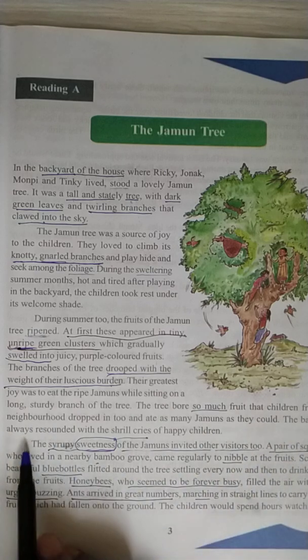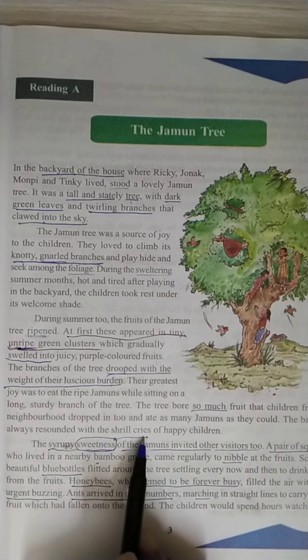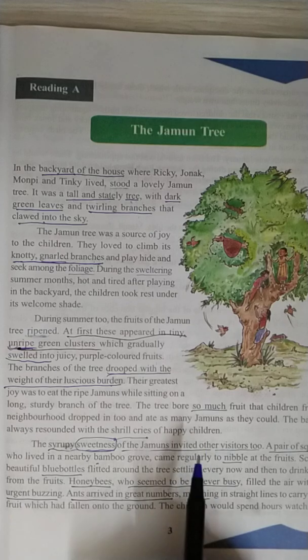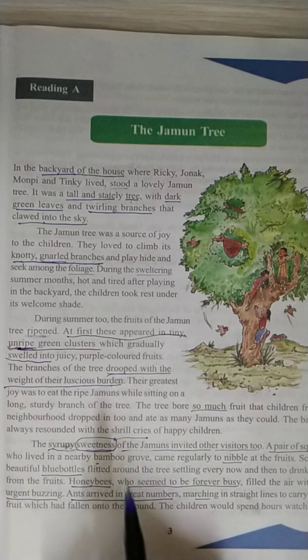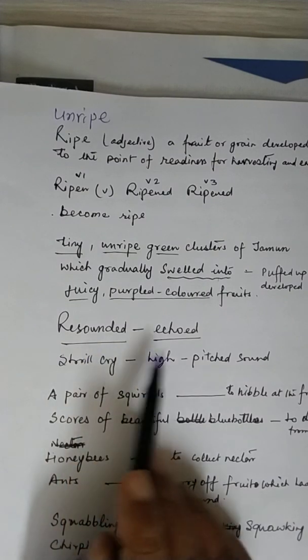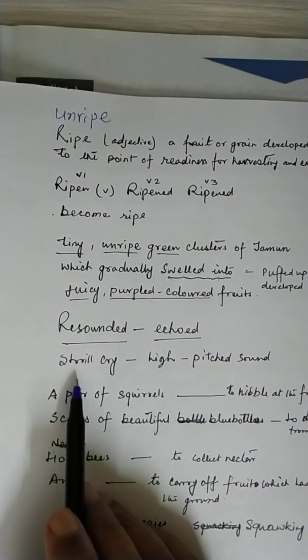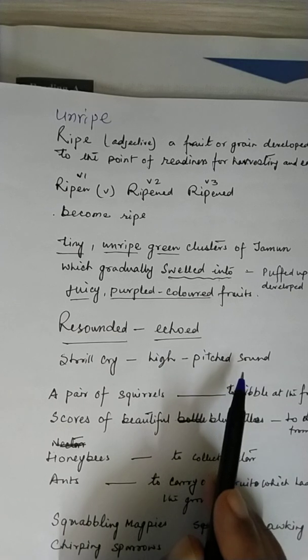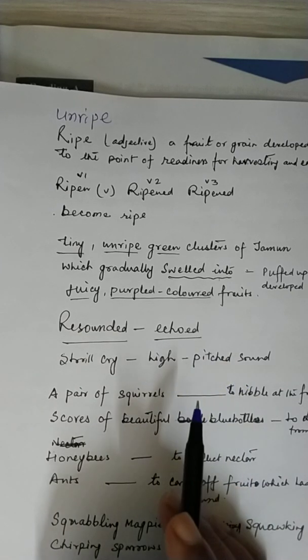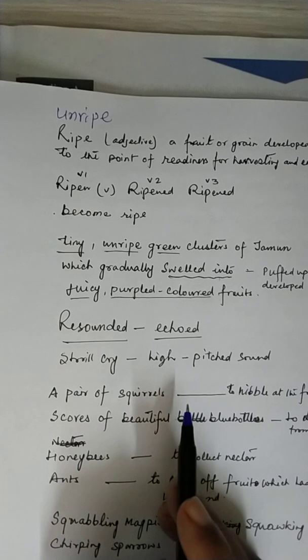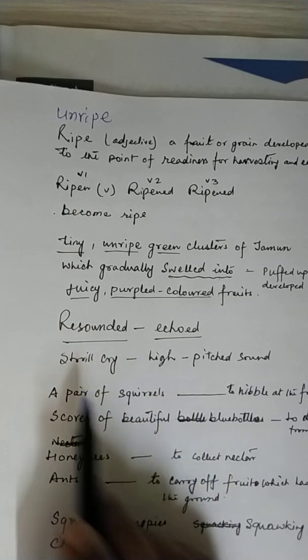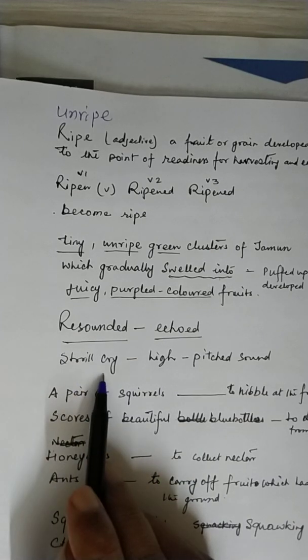The backyard always resounded with the shrill cries of happy children. Now here he used the word resounded. Resounded means echoed, and shrill cry means high-pitched sound. So बच्चे जब खुश होते हैं और खेलते हैं तब वो चिल्लाते भी हैं, बहुत जोर से चिल्लाते हैं. वो जो आवाज़ है उसे यहाँ shrill cry कहा गया है, और इसकी प्रतिध्वनि से वो जो बैकयार्ड है वो पूरा गूंजता था, ये राइटर कहना चाह रहा है.